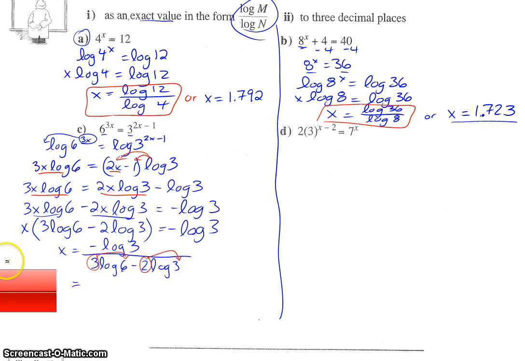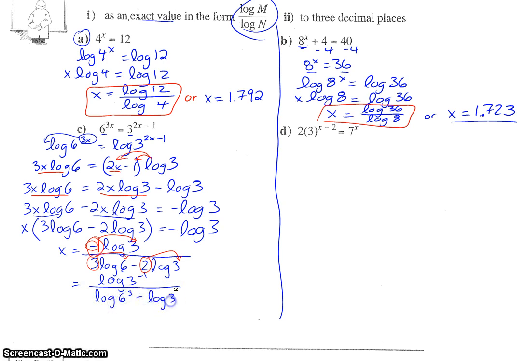That's from lessons 6 and 7 in the last unit. That negative 1 in front of the log on top is going to go back into the exponent too. So let's get rid of that negative sign. So we'll have log 3 to the negative 1 over log 6 to the 3 minus log 3 squared.